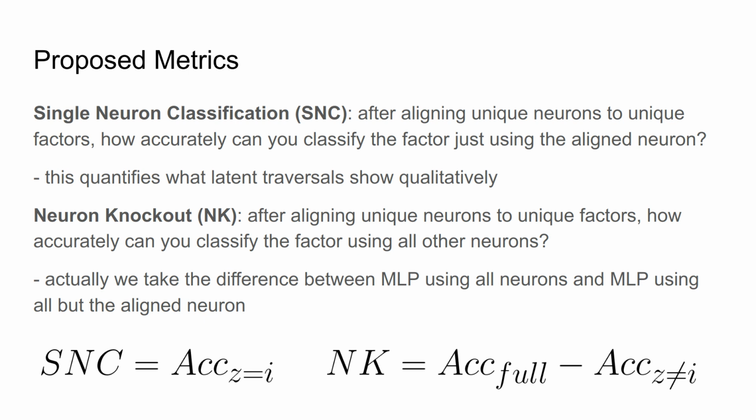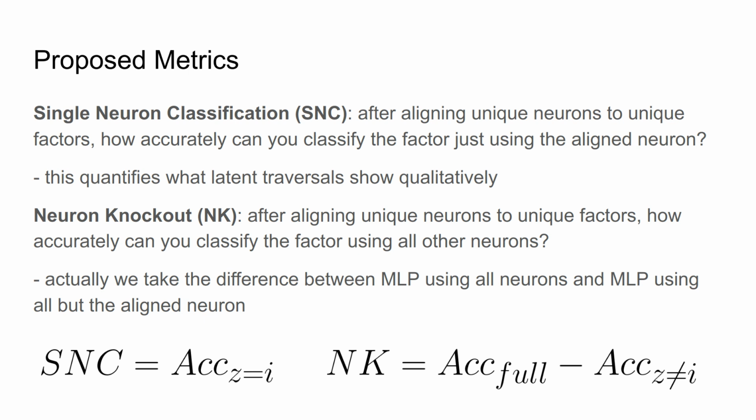The second metric we call neuron knockout, because it measures the accuracy of predicting the factor after you've knocked out that one neuron that's supposed to be representing that factor. And in order to get a more meaningful figure you can interpret as a score, we take the difference between an MLP trained on all the neurons, and an MLP trained on all the neurons but that one aligned neuron.